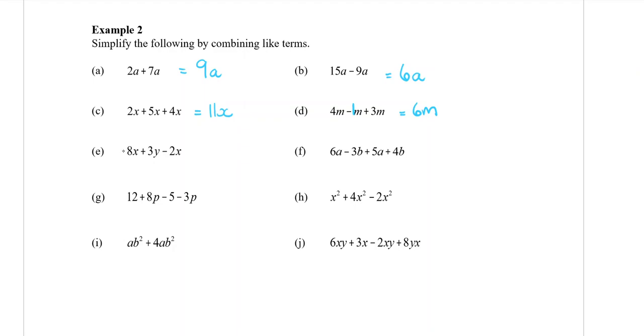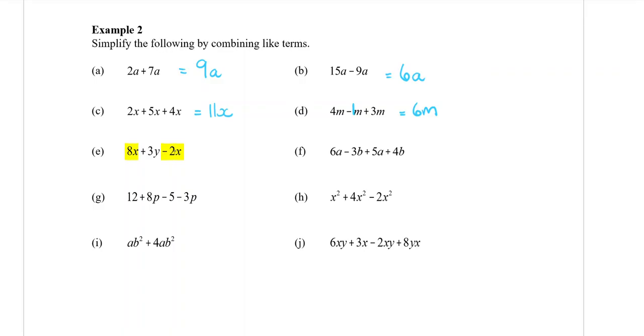Question E, 8x plus 3y minus 2x. So x's and y's in here mean that not all of these terms are like terms, but 8x and the minus 2x, they are like terms. It's the y that's different. When you select your like terms, make sure that you always include the symbol in front.